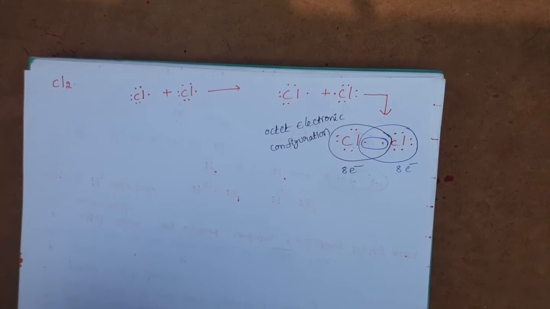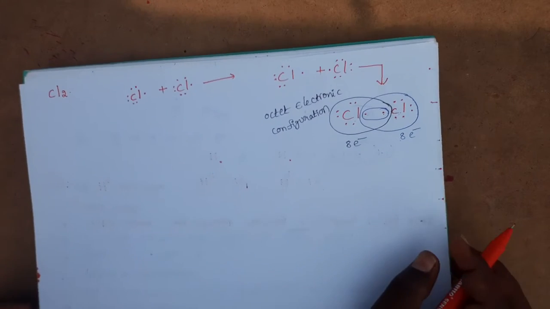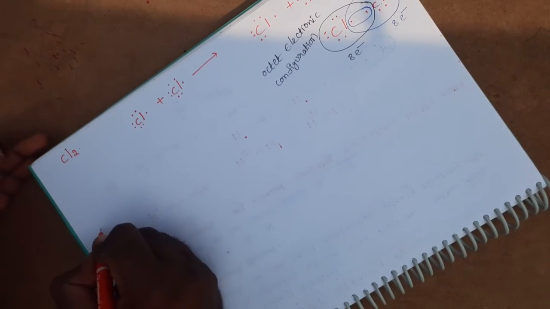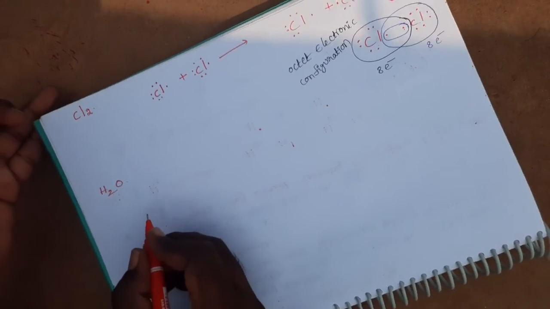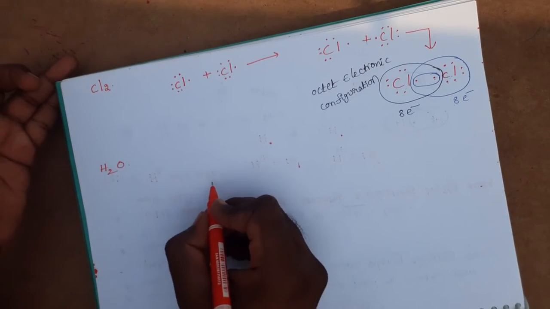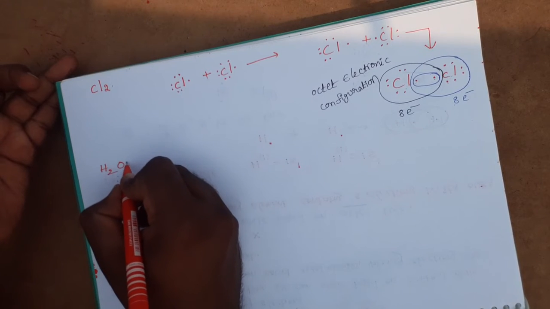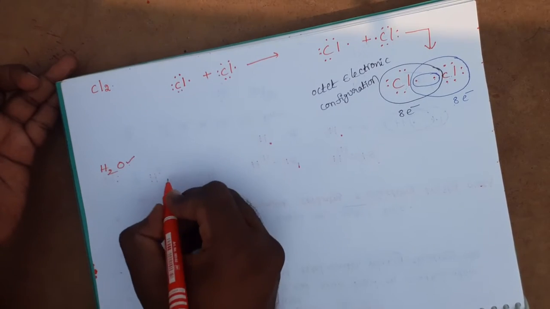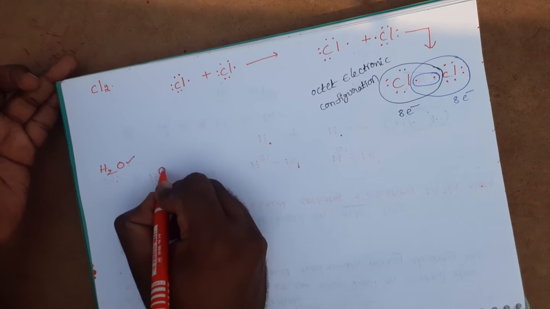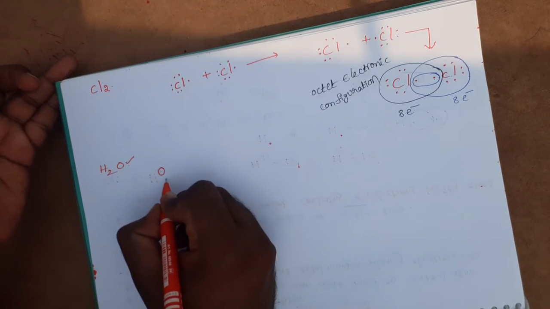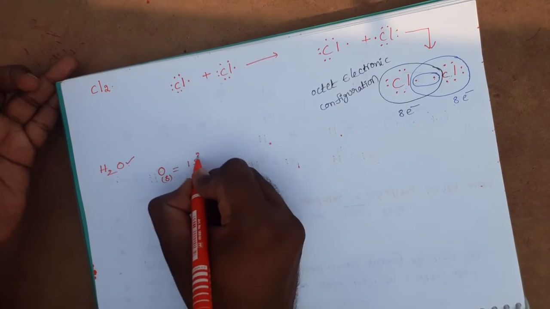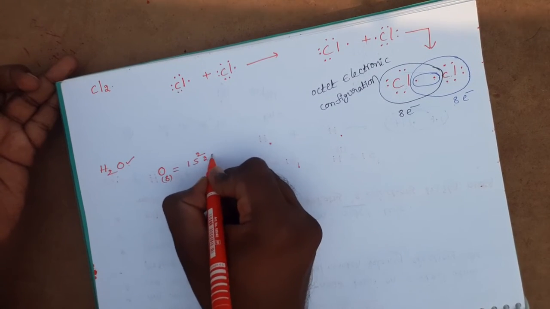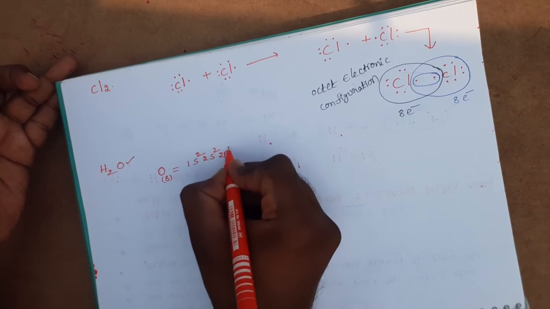And after this, another example: water, H2O. Write the dot structure of the H2O molecule. Here oxygen acts as the central atom. Oxygen belongs to which group? 16th group or 6th group, and its atomic number is 8. How many valence electrons does it contain? 6 valence electrons: 1s2, 2s2, 2p4.